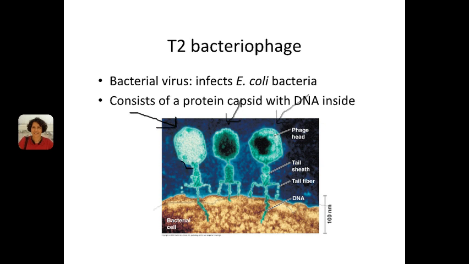This capsid is made of protein, and inside the capsid, in here, is a DNA molecule. And in this picture we actually can see the DNA molecule entering the bacterial cells, but Hershey and Chase didn't know that at the time.